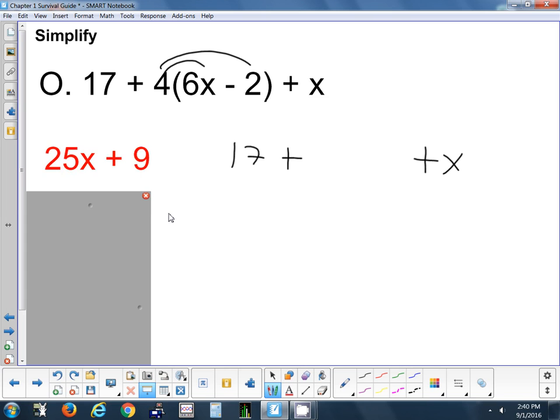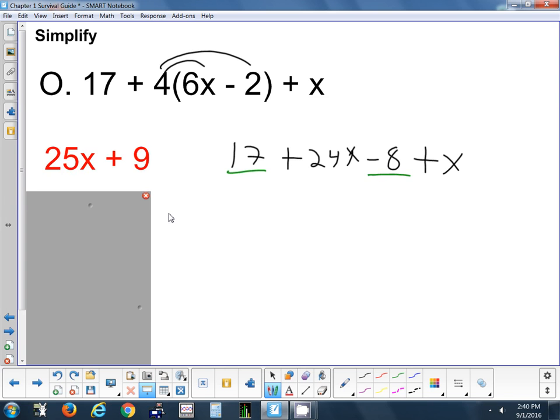What's 4 times 6x? 24x. And what's 4 times negative 2? Negative 8. And now, look what I've got here. I got 17 and a negative 8. Can I combine those? Yes, I can. Those are like terms. What's 17 minus 8?